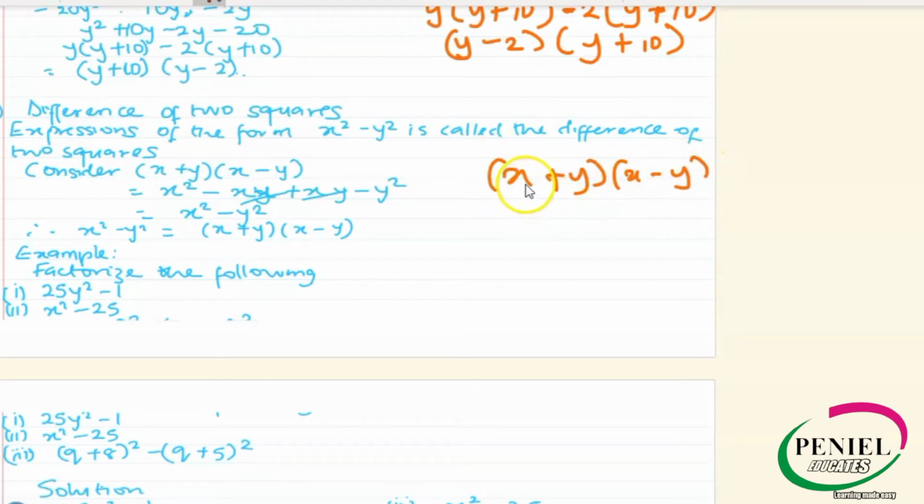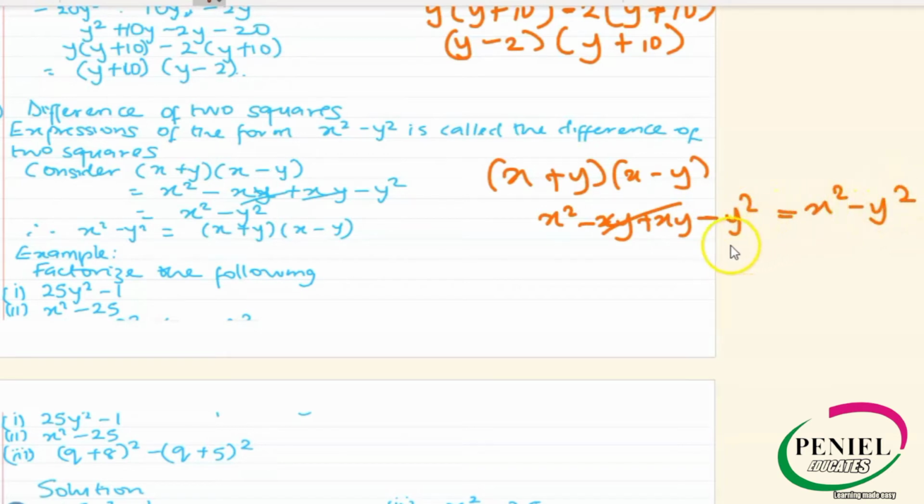So x multiplied by x is going to give you an x squared. x multiplied by minus y is going to give you minus xy. Plus y multiplied by x is going to give you a plus xy. Then plus y multiplied by minus y is going to give you a minus y squared. So you're going to have x squared minus y squared.